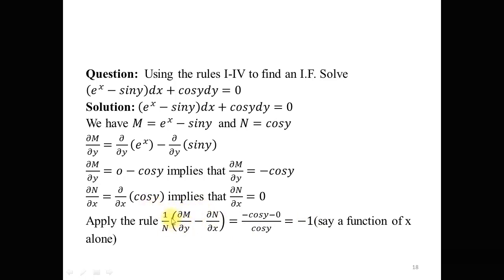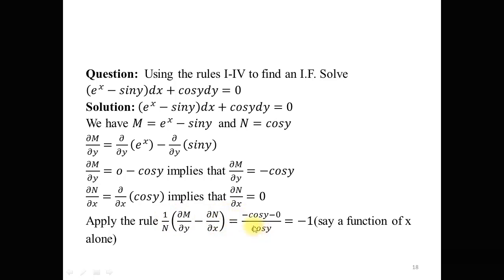So applying this rule, check whether an integral factor can be found by rule number 1 or rule number 2 for this given differential equation. First of all, check this expression: 1 over N into partial M by partial y minus partial N by partial x.